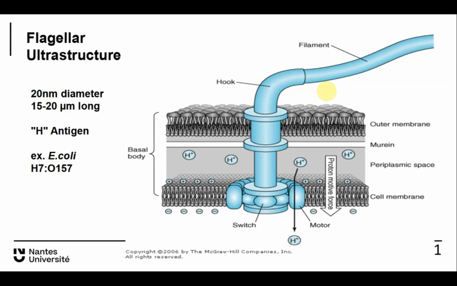Okay, so the energy source for this is the proton gradient, the proton motive force. So you have a more acidic pH in the periplasm than in the cytoplasm. So that means there's a proton gradient. So if protons move from the periplasmic face to the cytoplasmic face, this is energetically favorable.